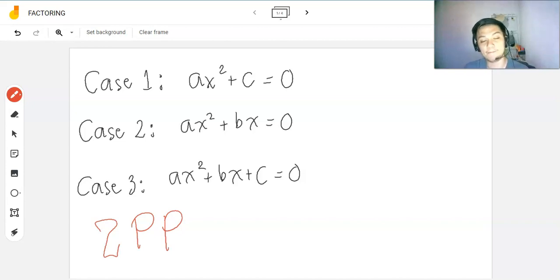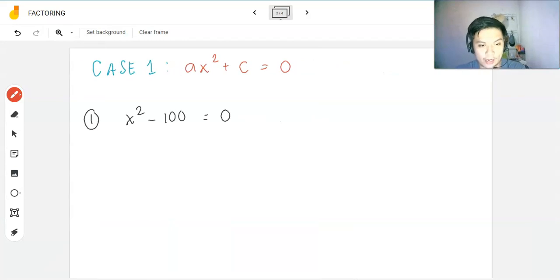Ibig sabihin lang yan, after nating ma-express in factored form ang quadratic polynomial involving the equation, we just have to equate each of those factors to 0. And then, determine the value of the variable. Okay? So, mag-focus tayo muna ngayon sa case 1 and I will give 3 examples. At ito ang una.